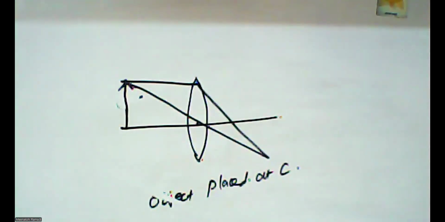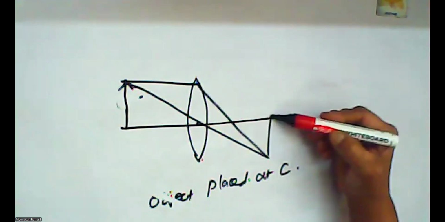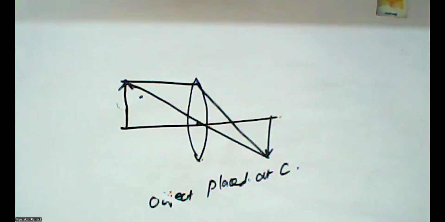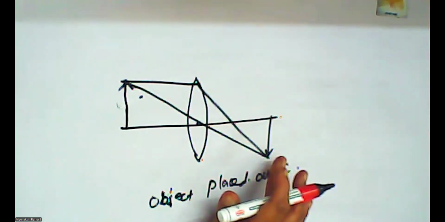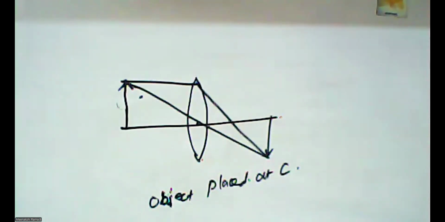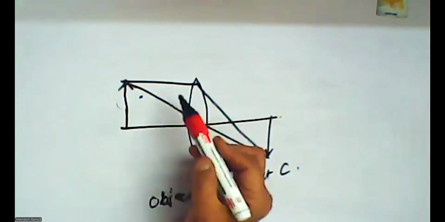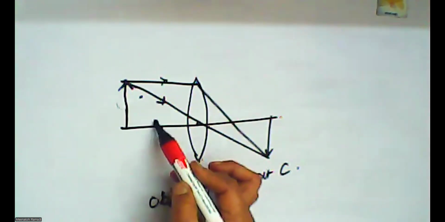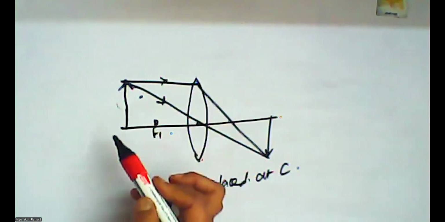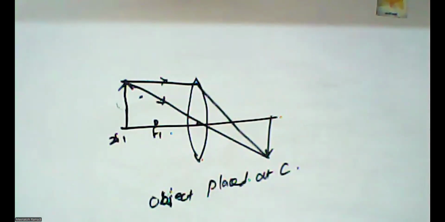Yes, the image is inverted. When we keep the object at the position C, the inverted image occurs in this area. The light passes through here. This point is F1, this is 2F1, like that, and F2.